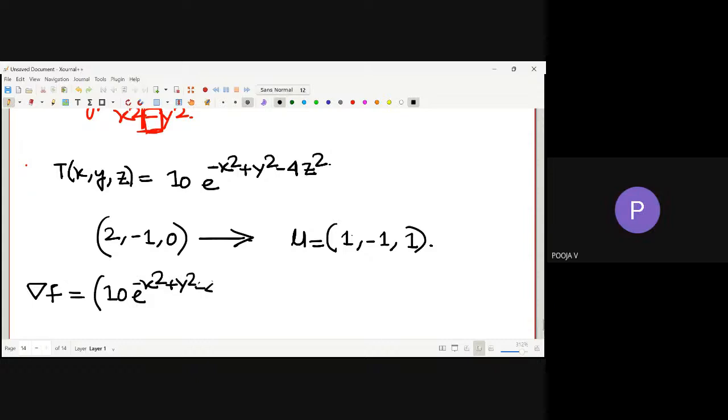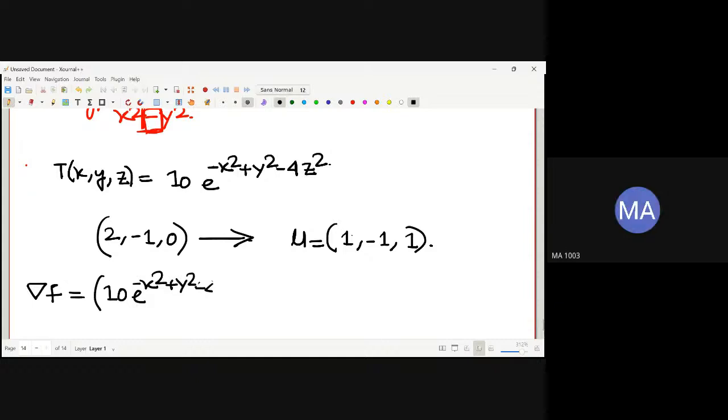And for the rest it's the same term, and then times 2y with respect to y, and the same thing times minus 8z. Now you need to evaluate this at 2, minus 1, 0, so this becomes 0.